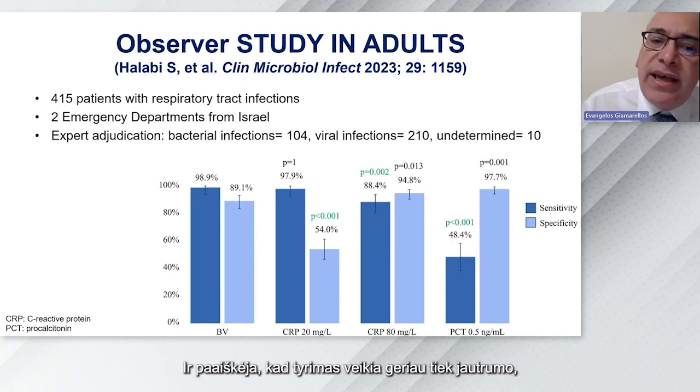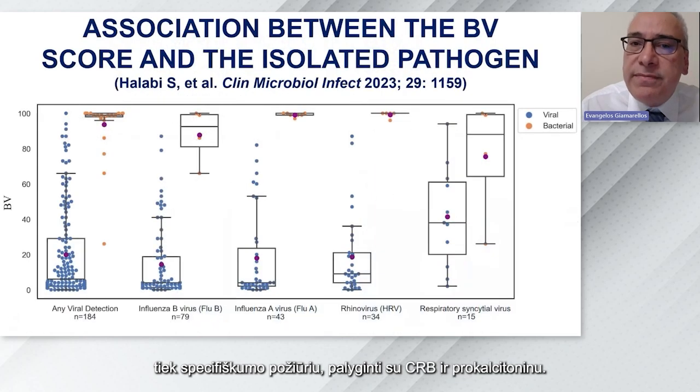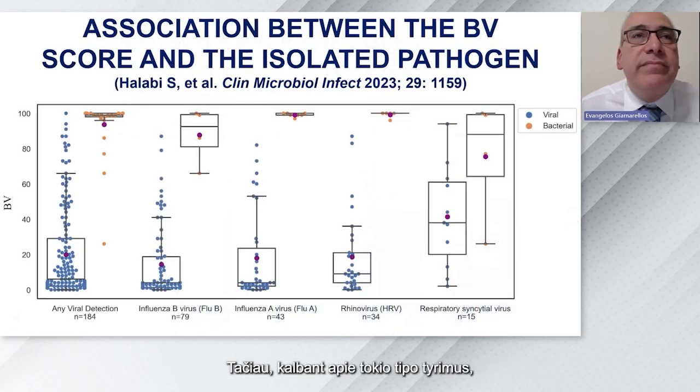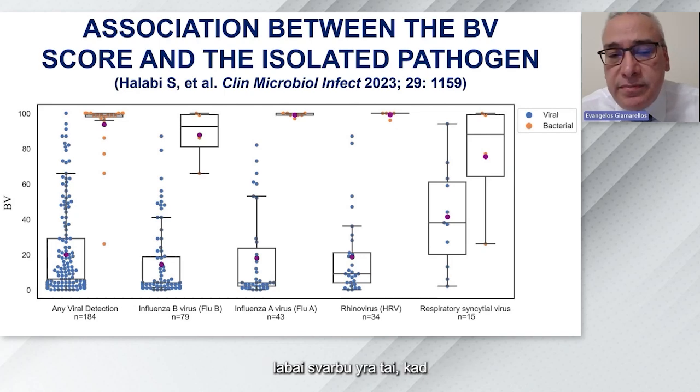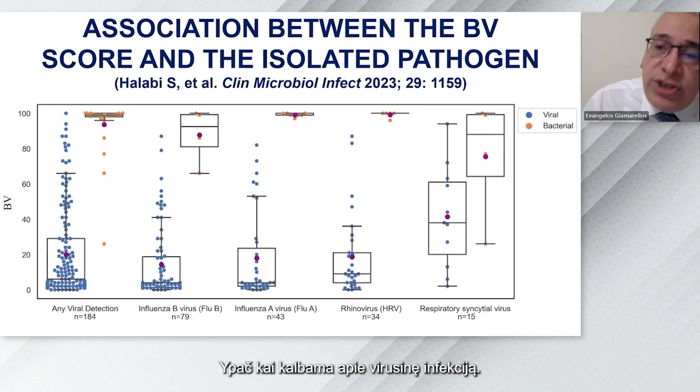And it turns out that the assay behaves better in terms of both sensitivity and specificity compared to CRP and procalcitonin. But what is very important when it comes to this type of assay is that you see that they do not all behave the same for the same pathogen, particularly when it comes to viral infection.